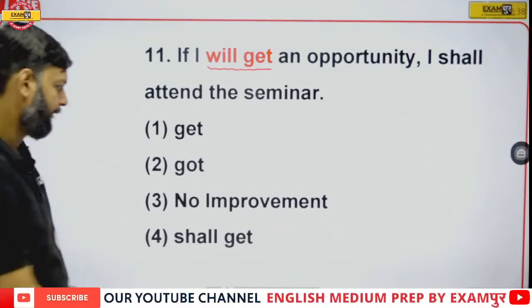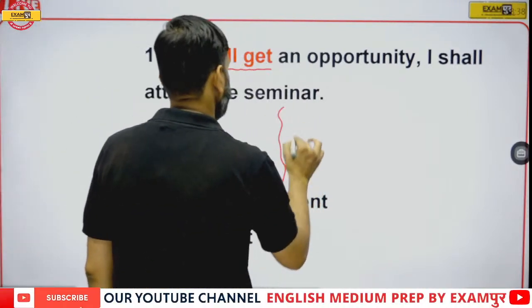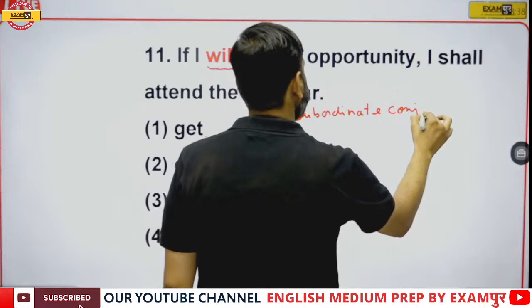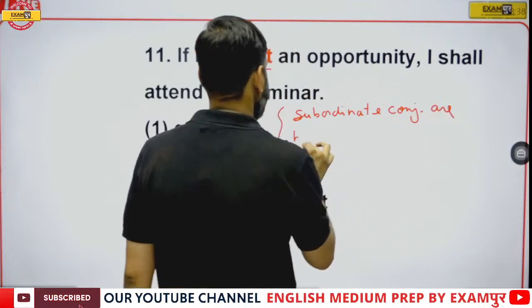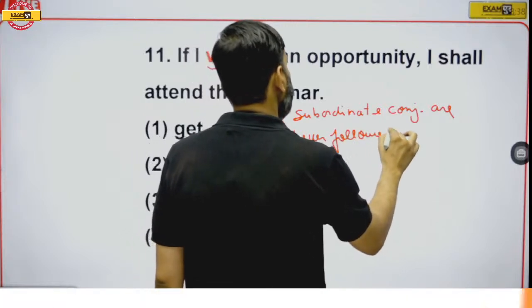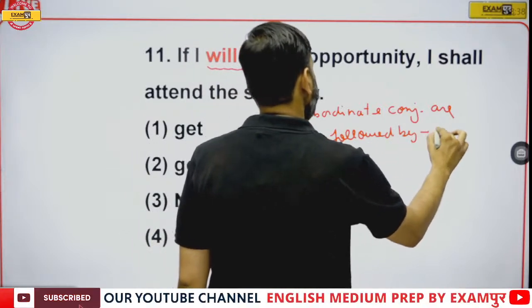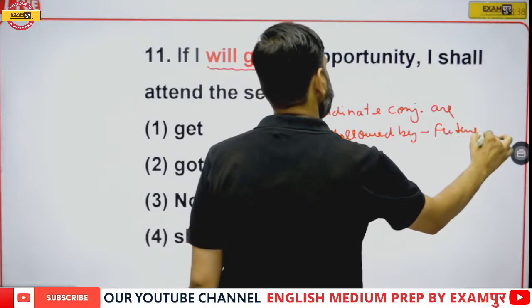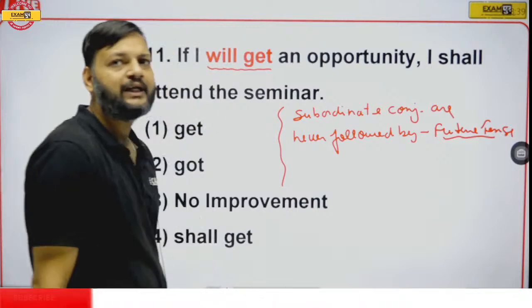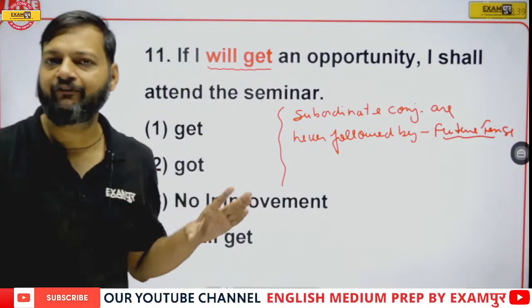Subordinate conjunctions are never followed by future tense.